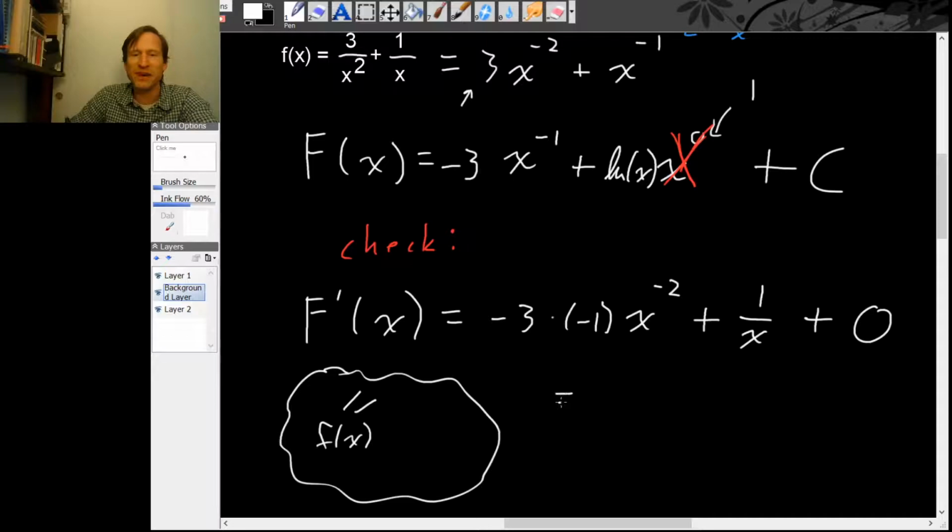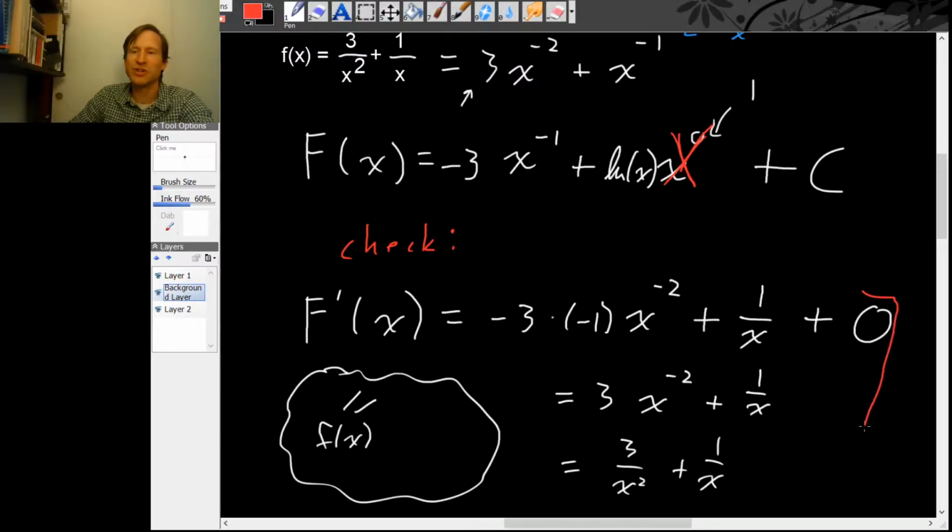Simplifying, negative 3 times negative 1 is positive 3 times x to the minus second plus 1 over x plus 0, but we don't need to write the plus 0. And this checks out. This is the original function, 3 over x squared plus 1 over x.